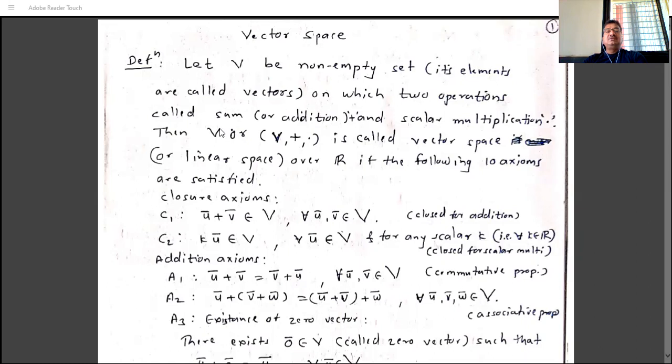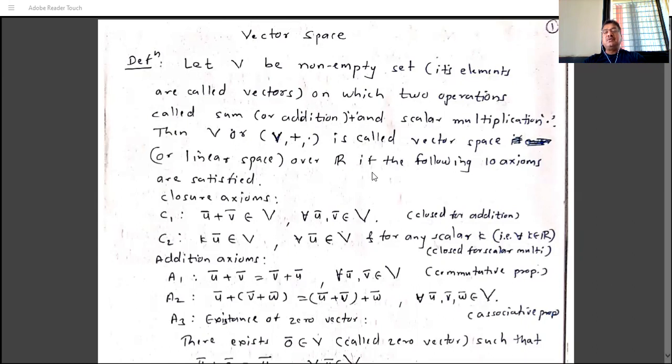So V, or V with plus and dot, is called a vector space or linear space over R. What is the meaning of over R? It means the scalars come from R, that is, the scalars come from the set of real numbers, and it is also called a real vector space.